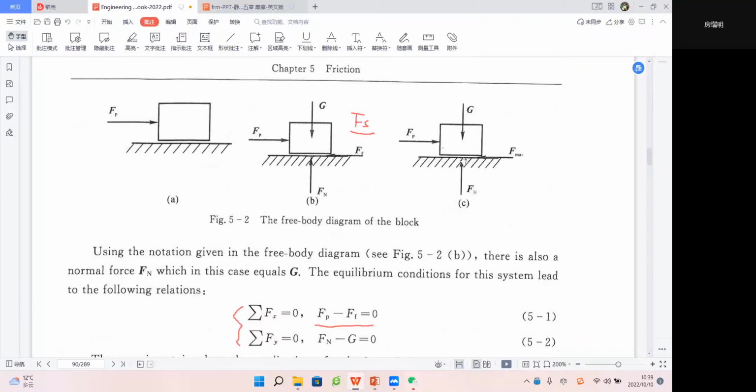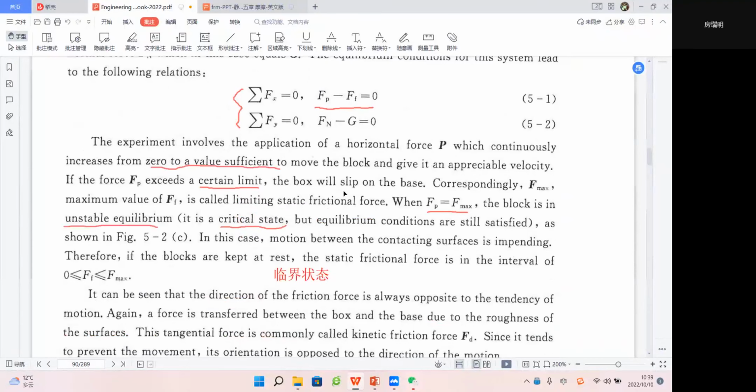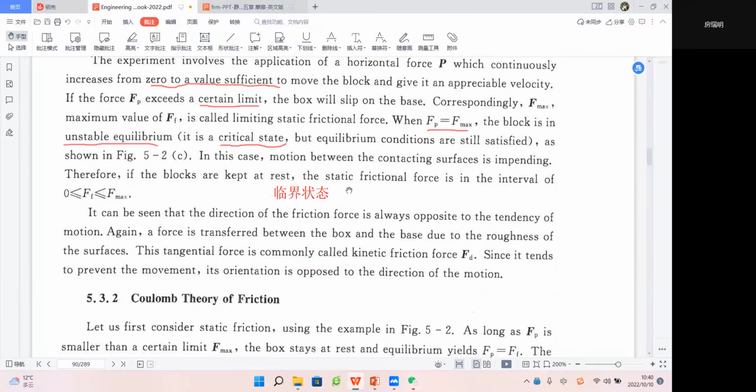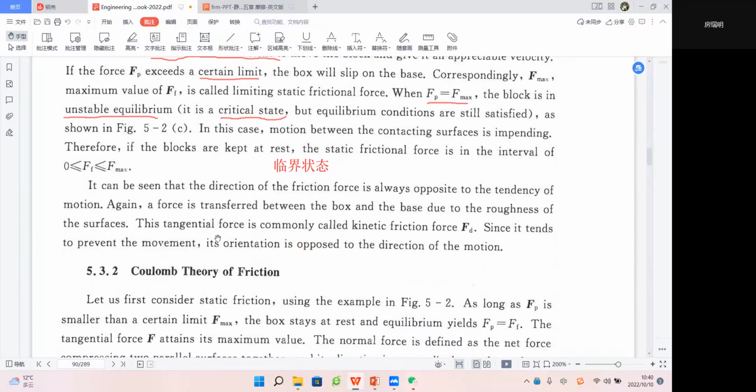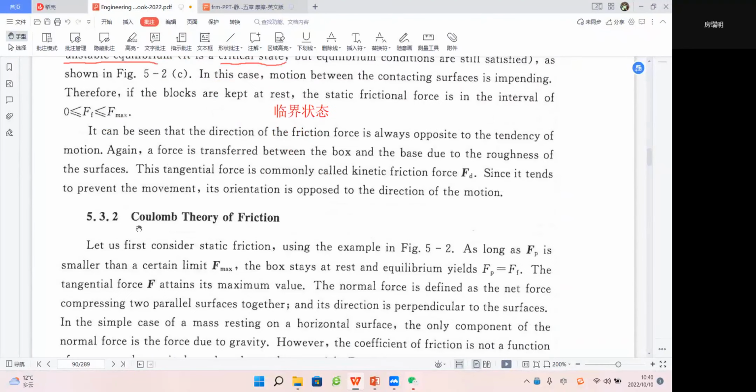So this box will move along the positive direction of X. See? Actually, that's the theory of sliding friction. It can be seen that the direction of the friction force is always opposite to the tendency of motion. So we'll talk about this Coulomb theory of friction.